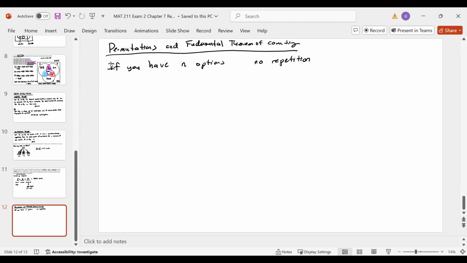Actually, there's one other condition too. So n options, no repetition, and all items are unique. So there's a difference between repetition and being unique slightly, because it's just a way of describing it. So all are unique.